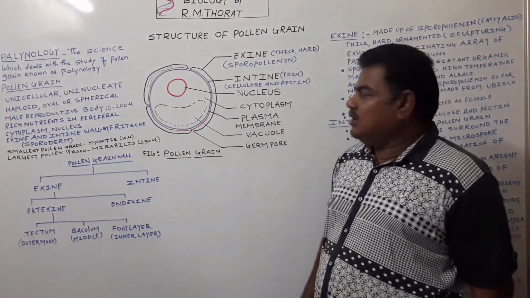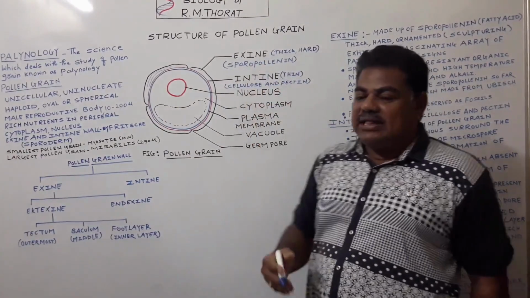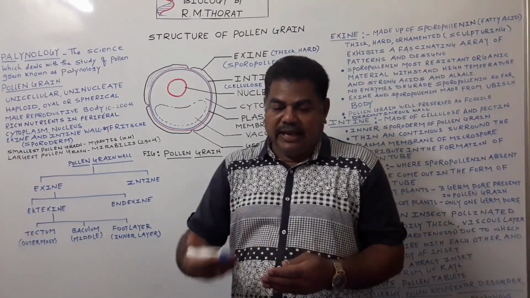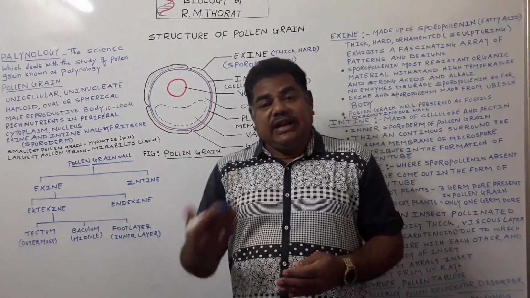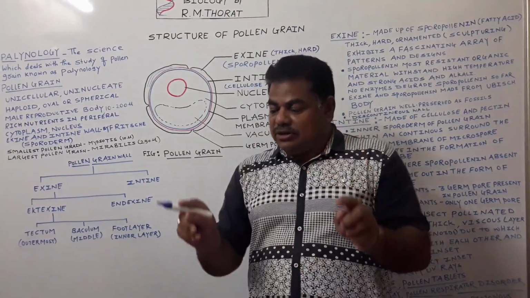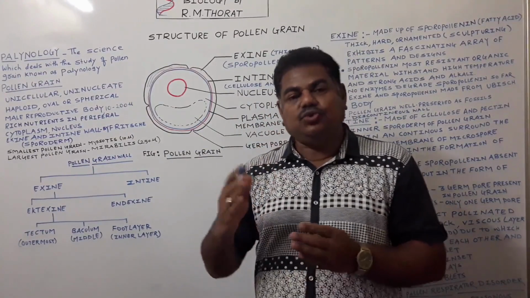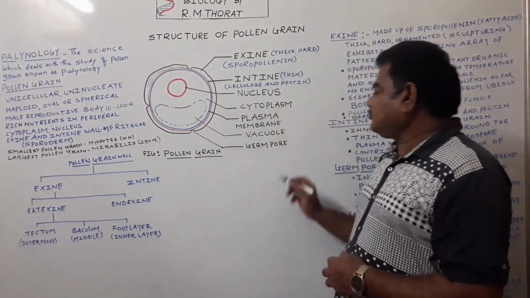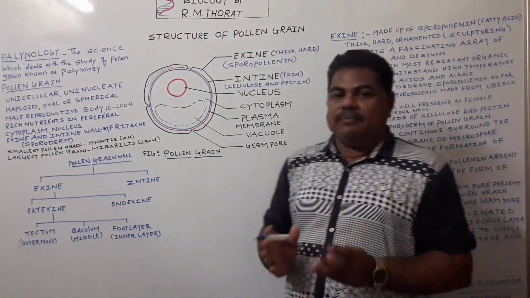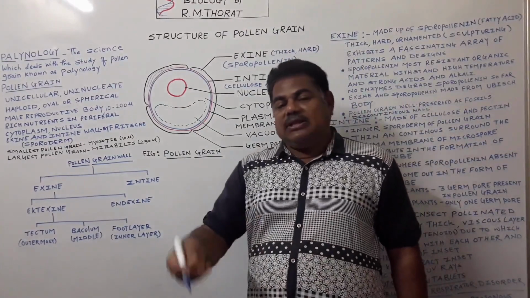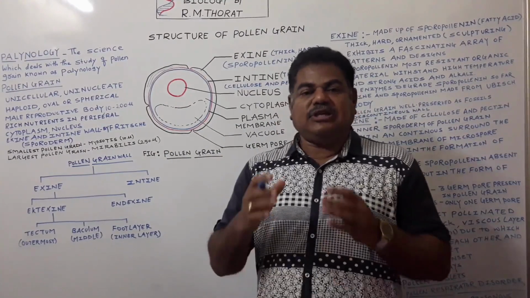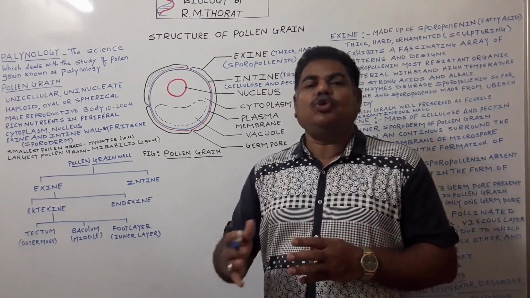Intine. So this exine and intine, in the formation of the pollen grain, are secreted by the nutritive tissue which is present in the microsporangium. That tissue we call tapetal cells or tapetum. In the cytoplasm of the tapetum, special bodies are formed. We call them yellowish bodies.